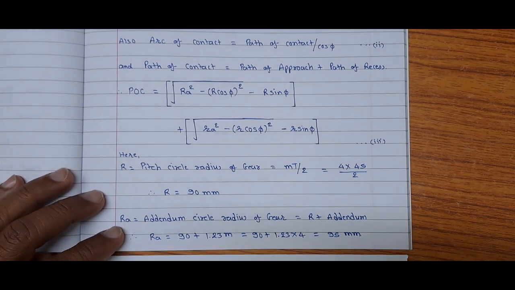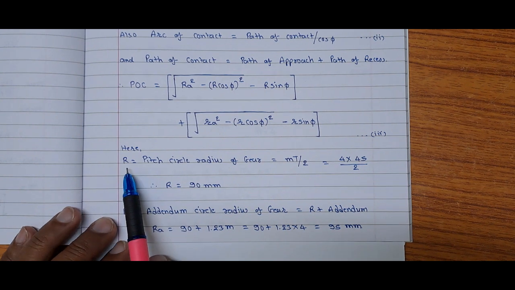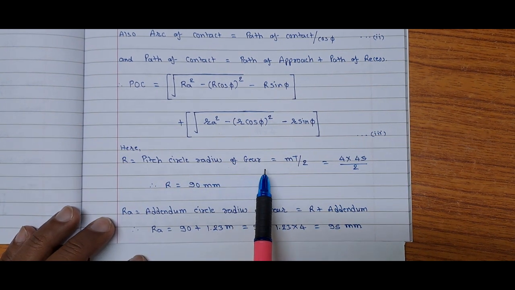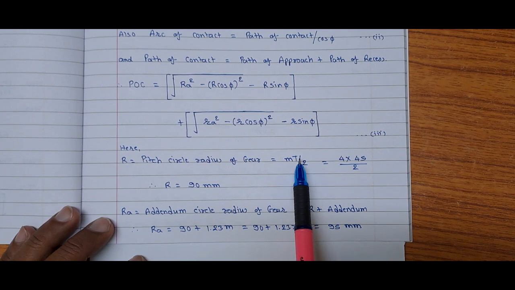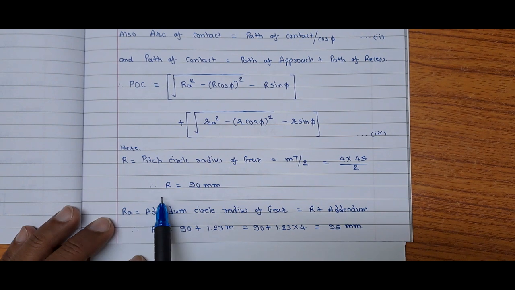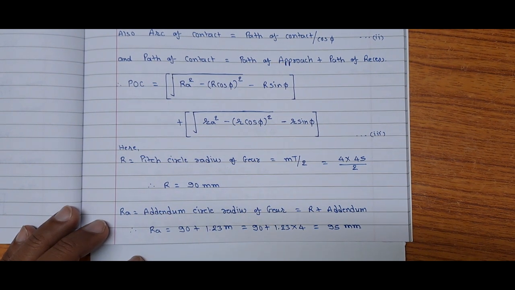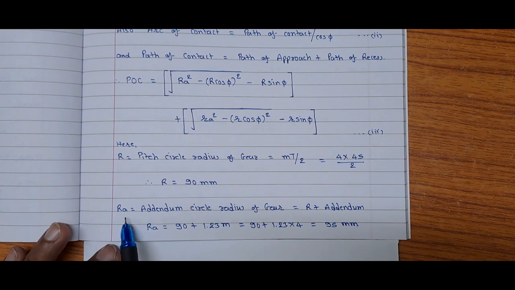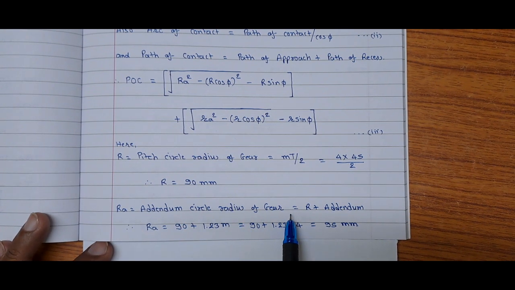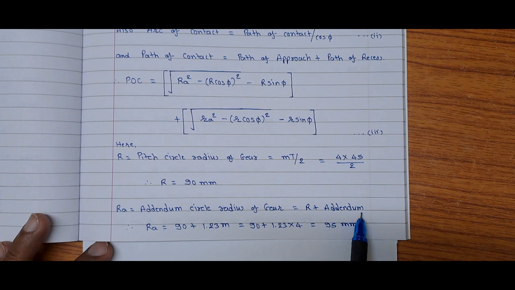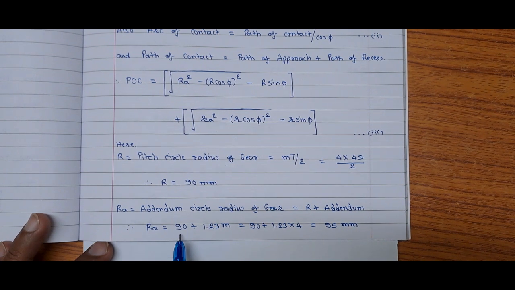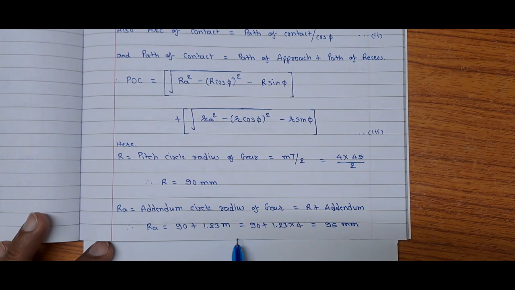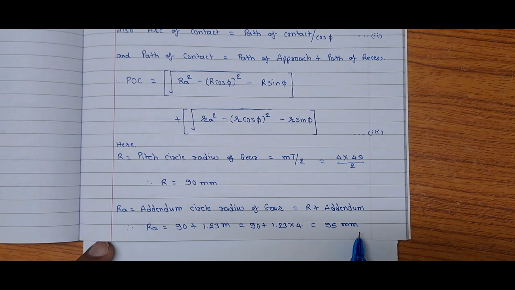Here in this equation, capital R indicates the pitch circle radius of gear given by m into number of teeth of gear by 2. On substitution of the values, we found capital R is equal to 90 mm. And capital RA is the addendum circle radius of gear, that is pitch circle radius plus addendum. On substitution of the values, that is 90 plus 1.23 times module, where m is given 4, RA is equal to 95 millimeter.